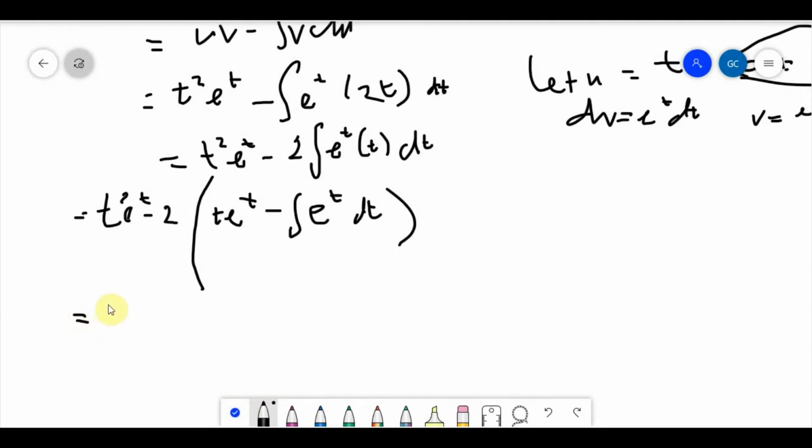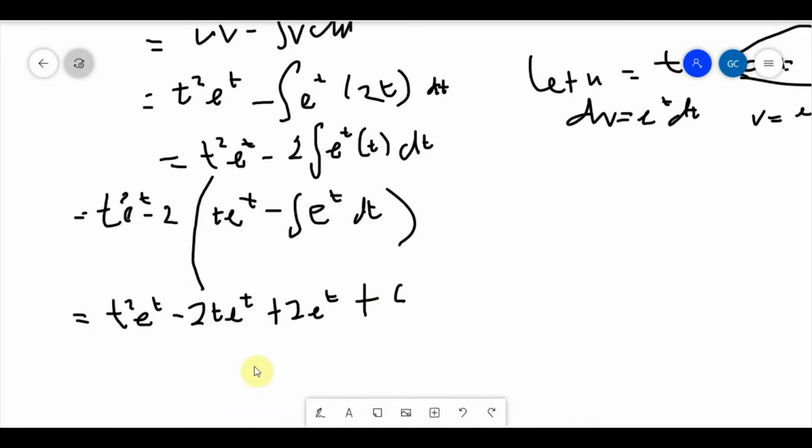Now we need to simplify this. So I have here t squared e to the t minus 2, distribute the 2, so I have here 2t e to the t, so I have negative 2 times negative 2e to the t, or just negative negative, so it becomes plus 2e to the t plus some constant c.